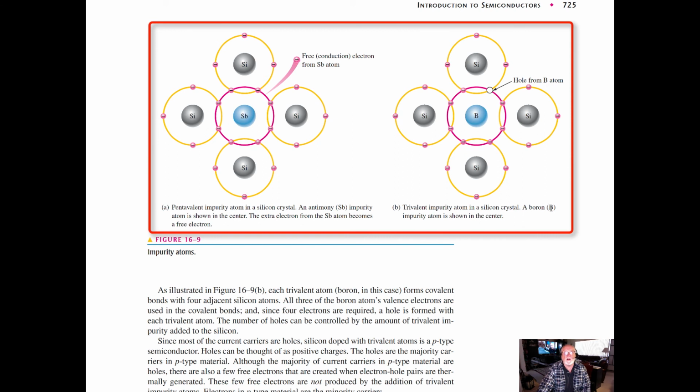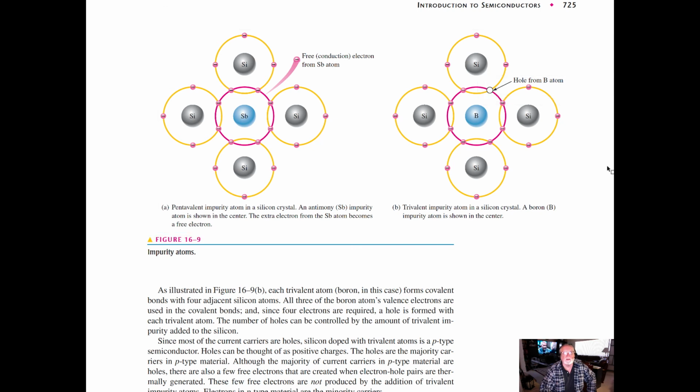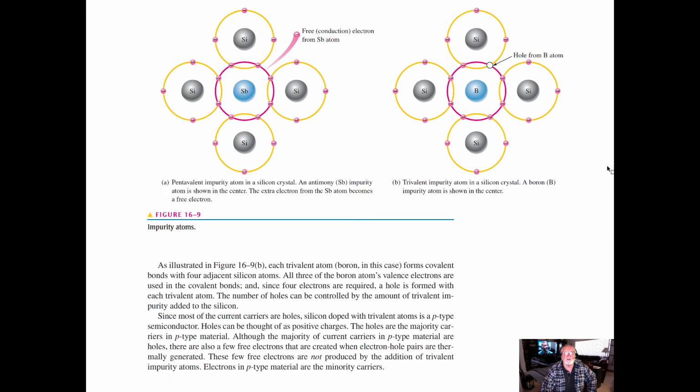Since 4 electrons are required, a hole, and there's the hole right there, is formed with each trivalent atom. The number of holes can be controlled by the amount of trivalent impurity added to the silicon. Since most of the current carriers are holes, silicon doped with trivalent atoms is a p-type semiconductor. Holes can be thought of as positive charges.